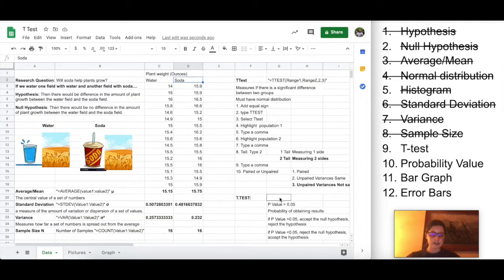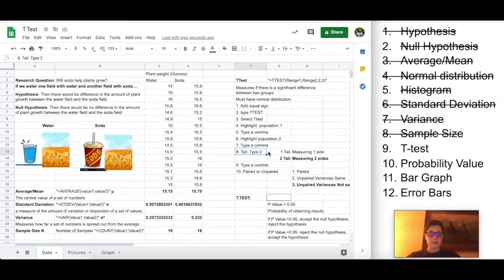Now, in order to find the t-test, there's a couple of different things. It's a little bit more intensive. But before we start writing it, I'm going to explain briefly what the tail is and what paired or unpaired means. So tail is a little bit of higher statistics.